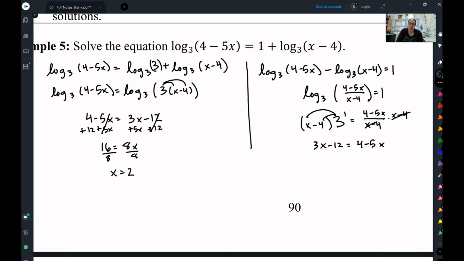Now let's check if our answer is even right. Let's plug the 2 back in, make sure that it's a positive answer inside the log. That's a 1. There we go.